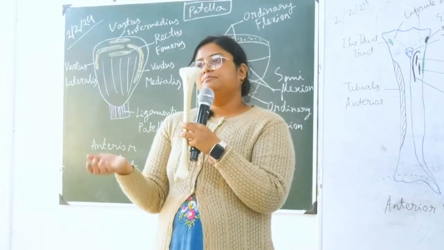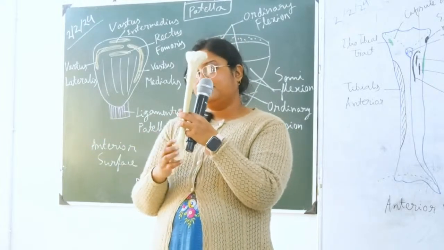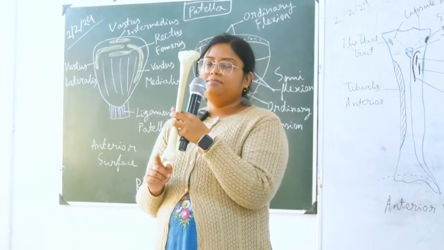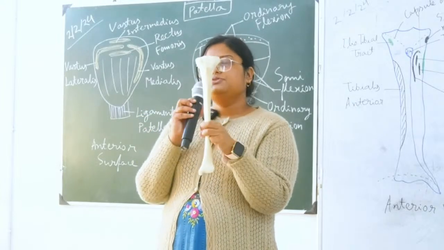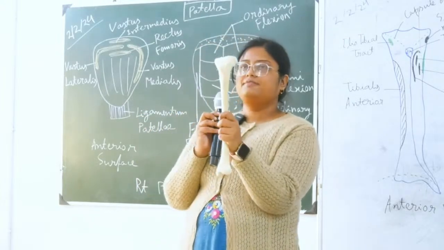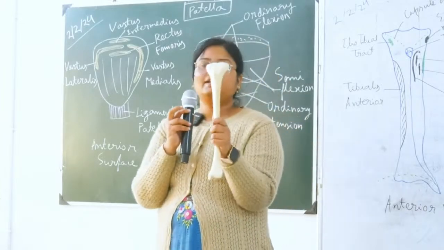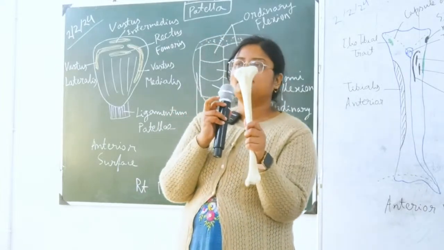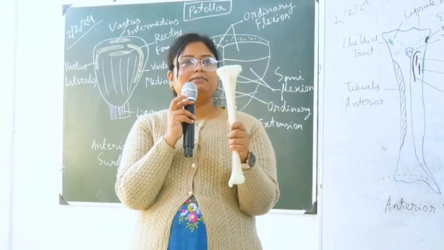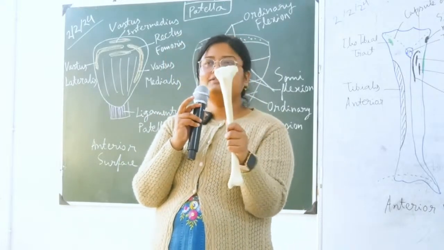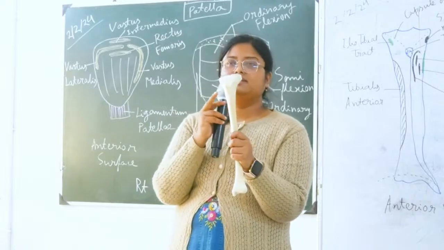Okay. And medial and lateral: you can determine that the medial malleolus will be placed medially. So, it is a tibia of left side. If you hold it vertically with the left hand, all the points are correct.